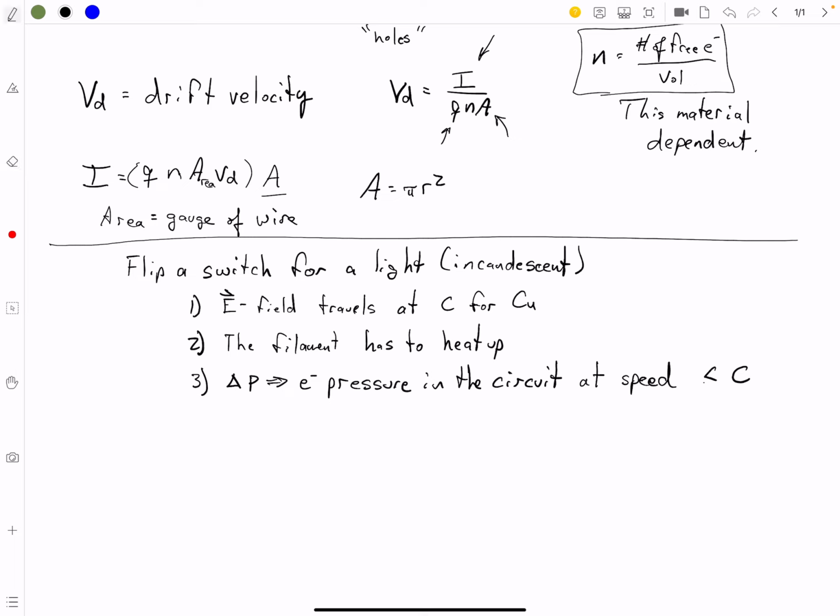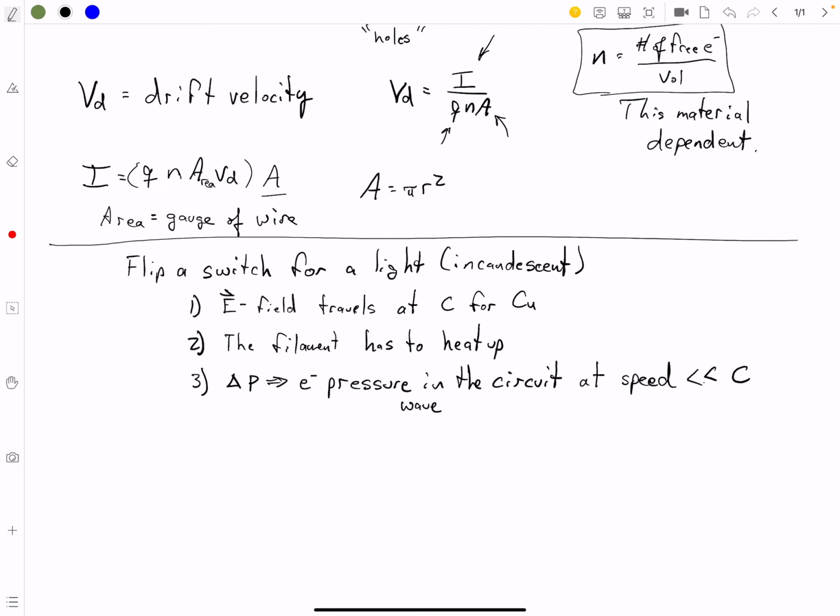Much less than c. Okay? So that electron pressure wave in the circuit travels at a speed that's less than that. So it takes a fraction of a second instead of happening just about immediately due to the speed of light.